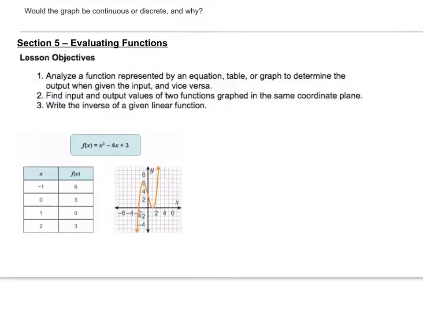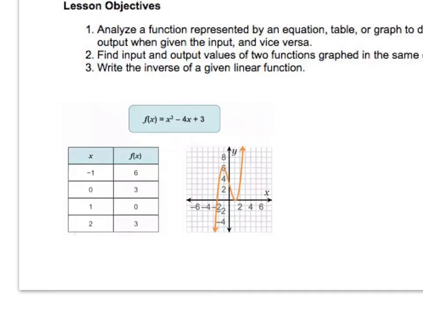So the first thing I want to talk about is that you have these three different things. You have an equation, or a function. I'm going to call this a function. This is a table, and this is a graph.